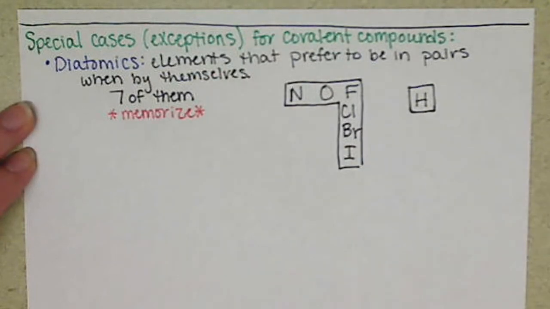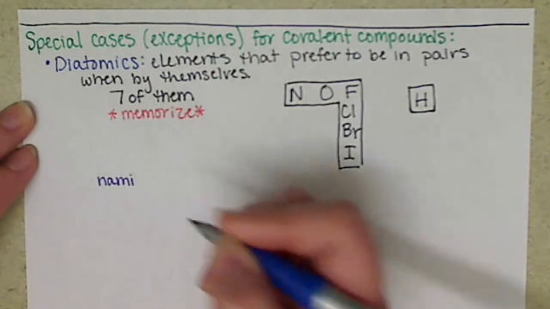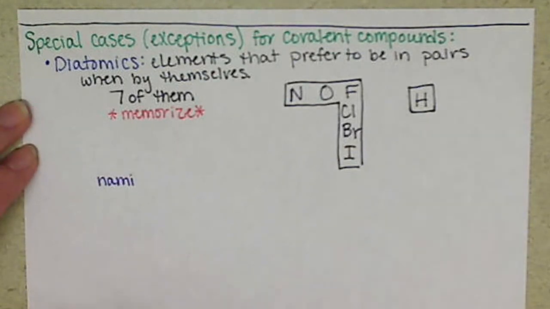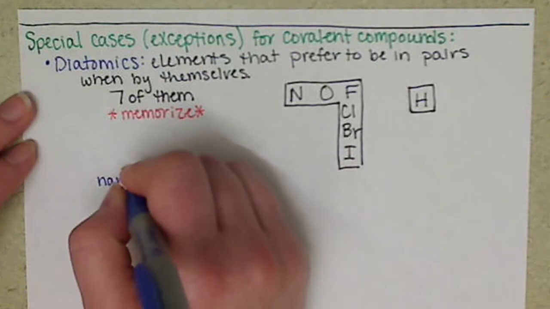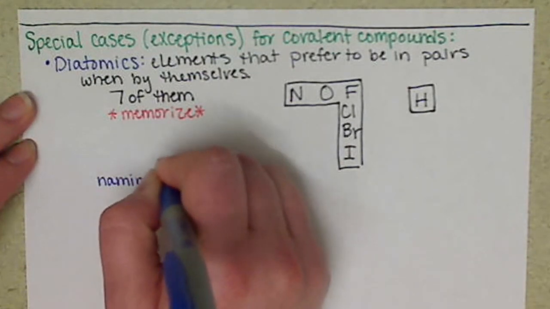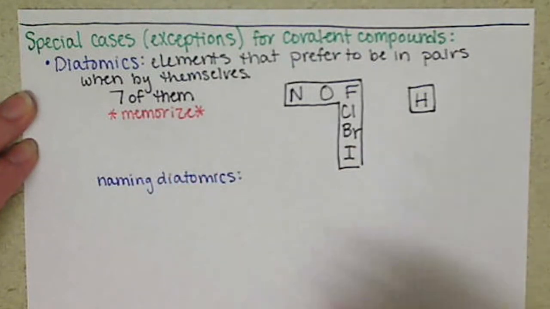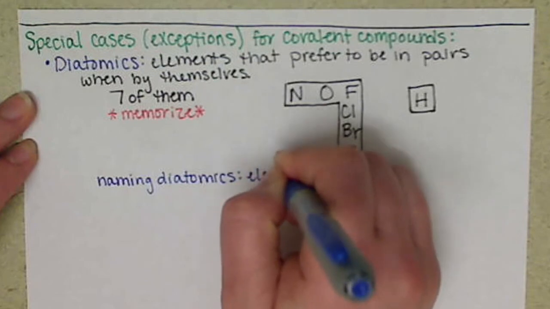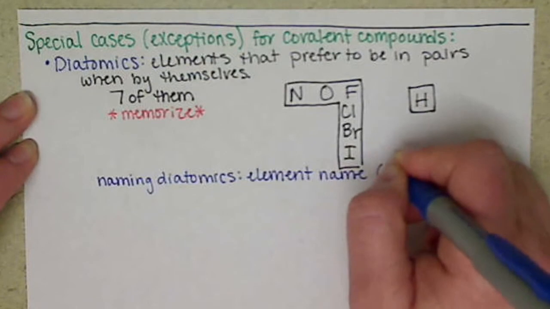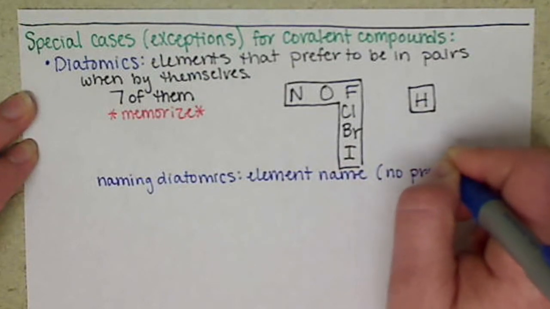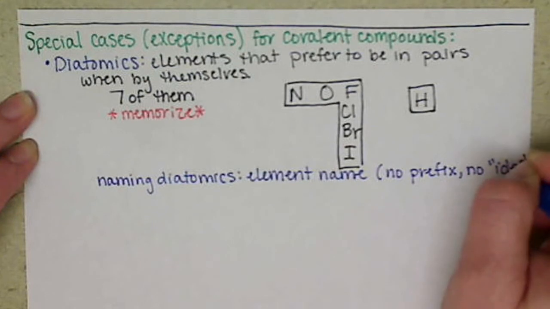So when we name these, naming the diatomics, rather than saying, say, dihydride or dinitride, they just get their element name. So no prefix and no -ide.